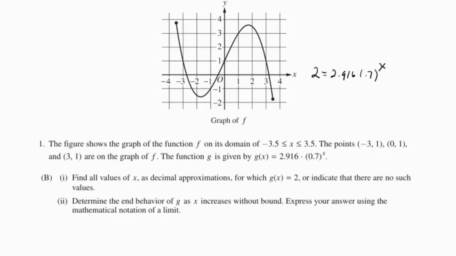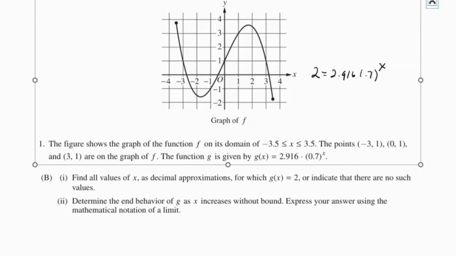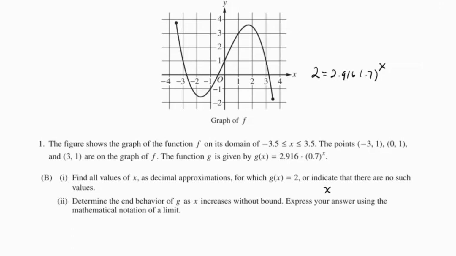You can graph g of x and graph 2 and see where they intersect, at what value the x value is. Or you can use the zeros by subtracting 2, setting it equal to 0 and looking at the x-intercept. And if you do that on the calculator, you're going to get x is 1.057.